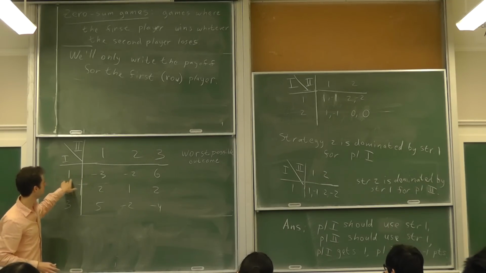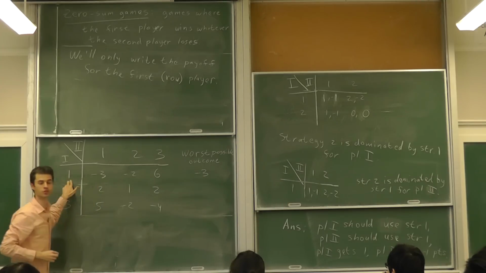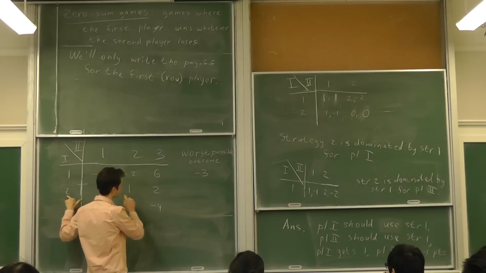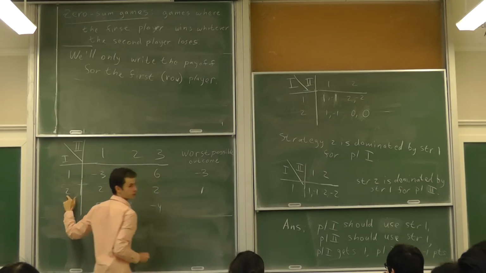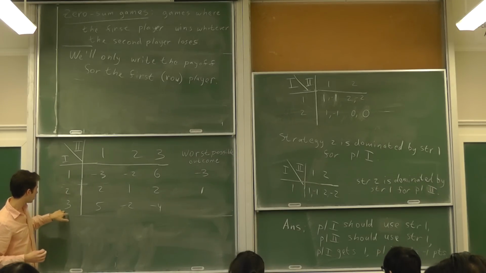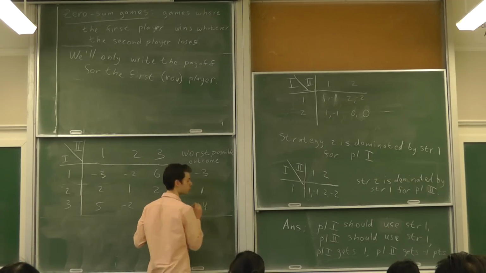So if we play 1, the worst possible outcome is us losing 3 points. If we play 2, in the worst case scenario, we will gain 1 point. So it doesn't sound that bad. And in case number 3, in the worst case, we'll lose 4 points.